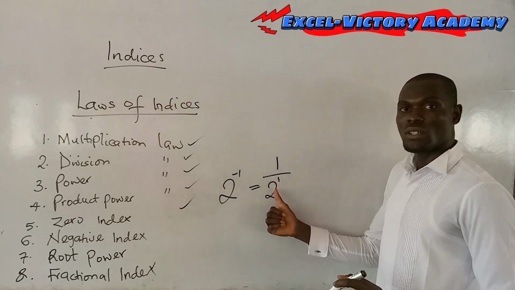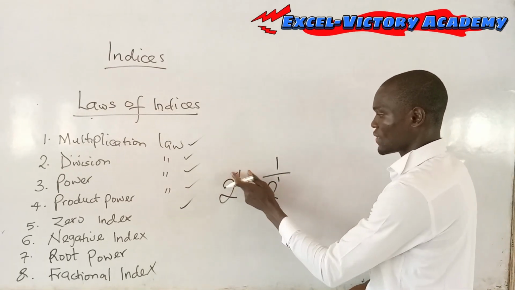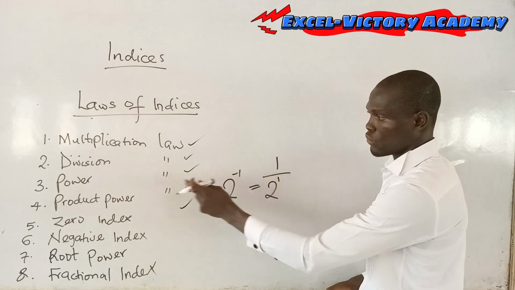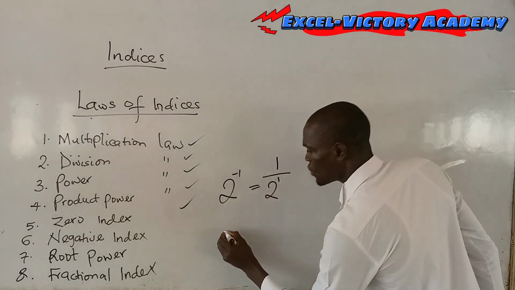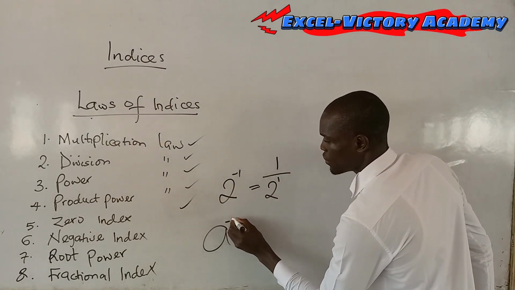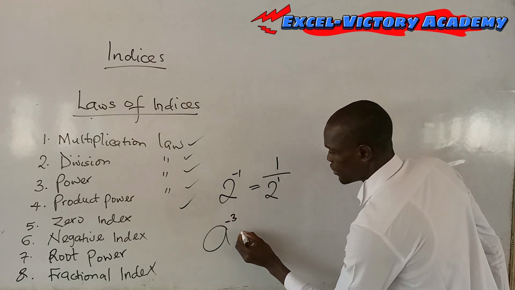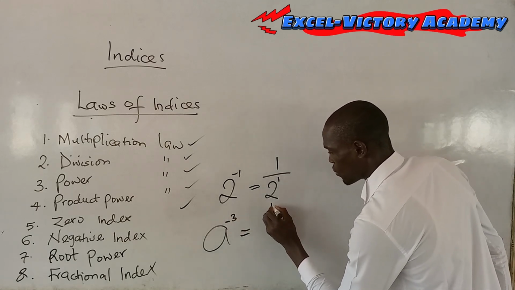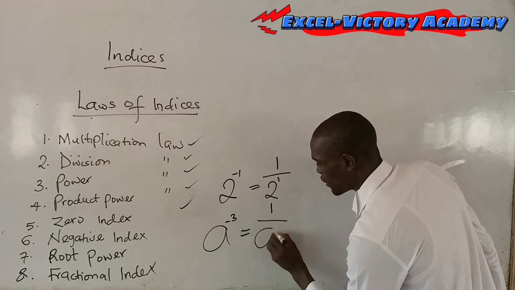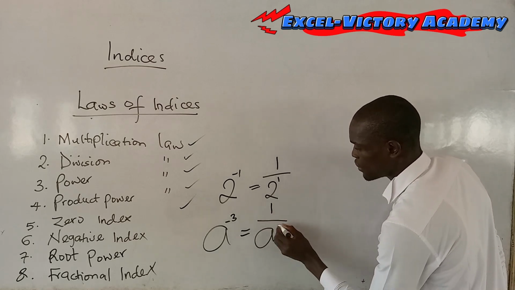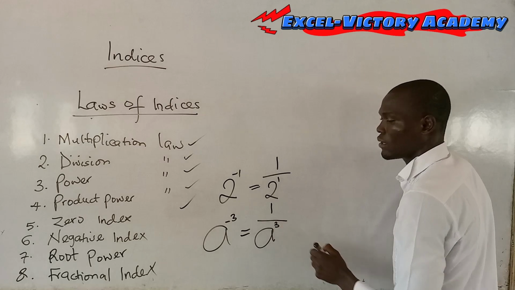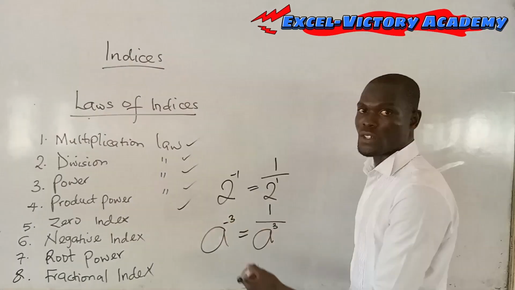We are raising this to the positive power, so this negative sign is no longer going to show here. That is what negative index is all about. If you also have a, for instance, raised to the power of -3, taking the reciprocal of it gives us 1 divided by a raised to the power of 3. That is the positive version of this.